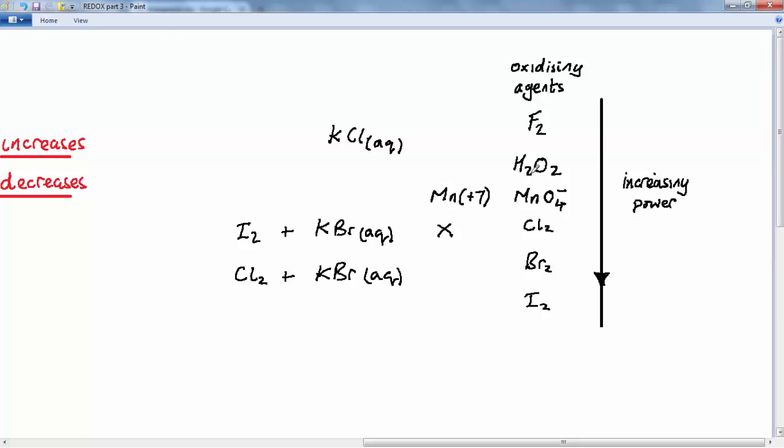So we could use, in this case, either hydrogen peroxide or the manganate 7 ion, and if we were to add either of these to a solution of potassium chloride, then we would get chlorine gas being given off. So H2O2 or the manganate 7 ion will oxidize the aqueous chloride ion to produce chlorine.